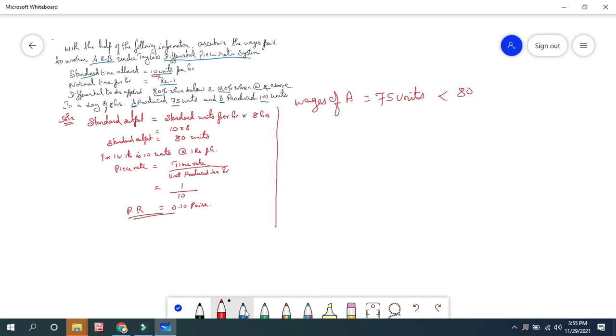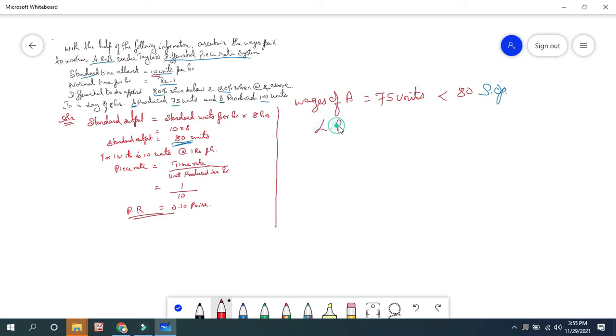We found that the standard output is 80 units, so since A produces less than the standard output, we are going to apply 80 percent, the low piece rate.